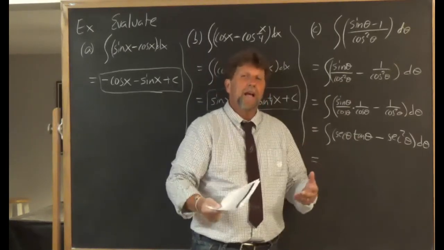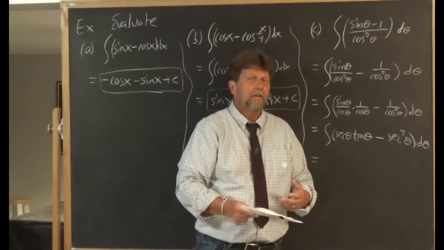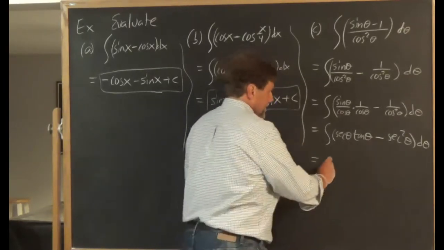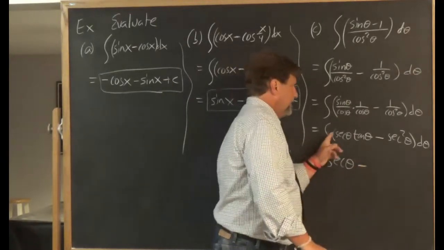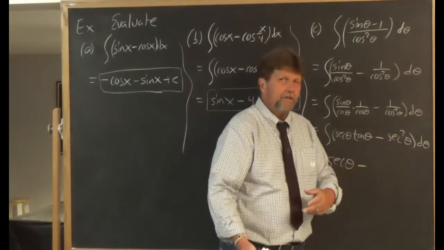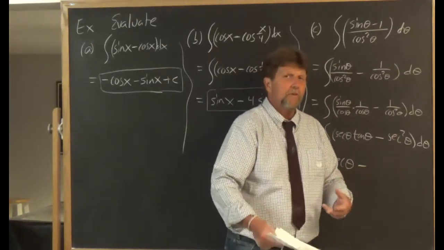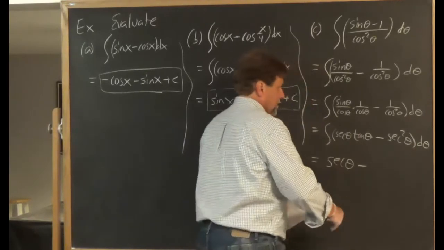Which trig function has a derivative of secant tangent? That's right, secant. The antiderivative of secant squared theta. What trig function has a derivative of secant squared theta? That's right, tangent.